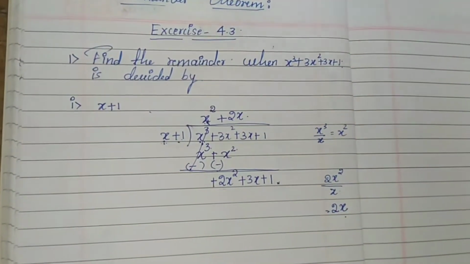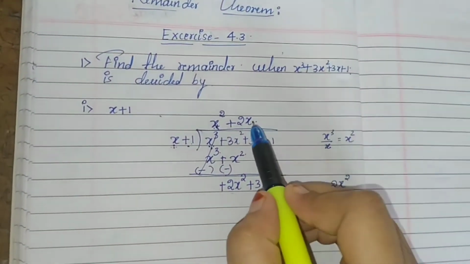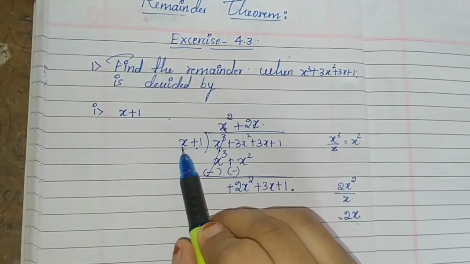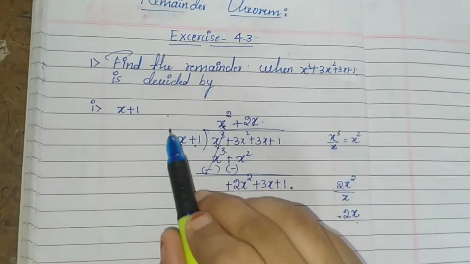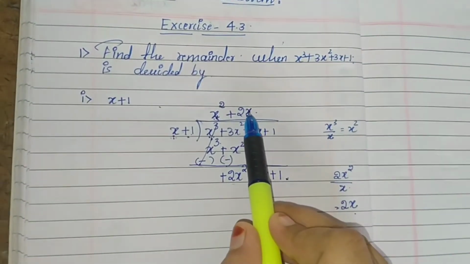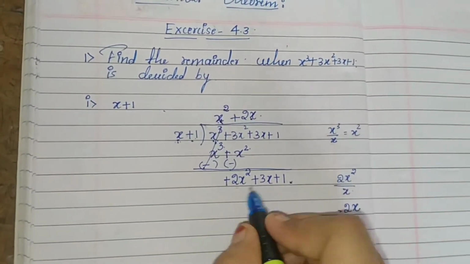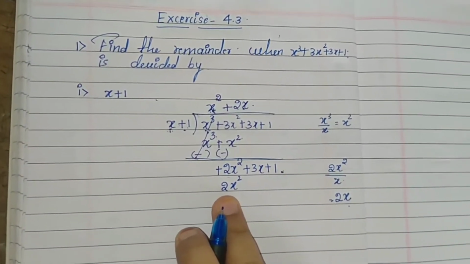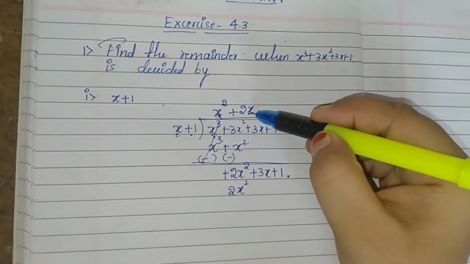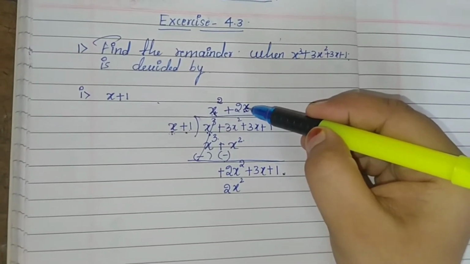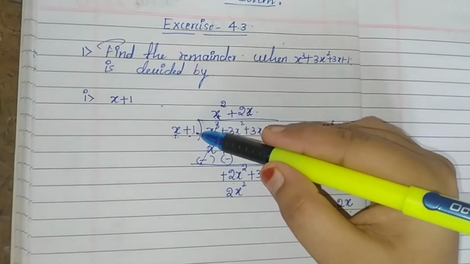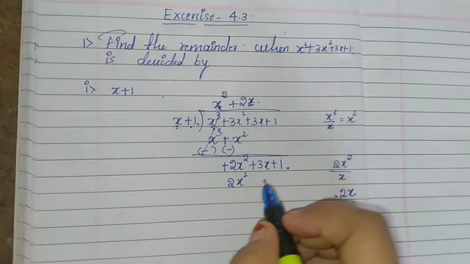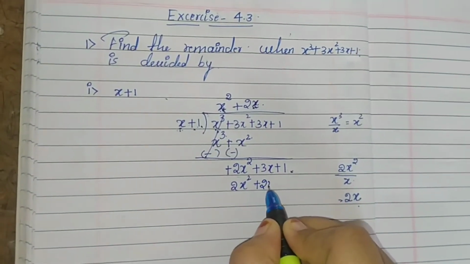Okay, so after that again you have to repeat the same procedure. The second term of the quotient you have to multiply by the first and second term of the divisor. That is 2x into x is nothing but 2x square, that you write below the new dividend. After that, the second term of the quotient multiplied by the second term of the divisor: 2x into 1 is again 2x.